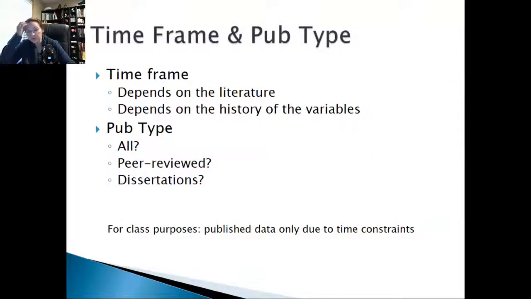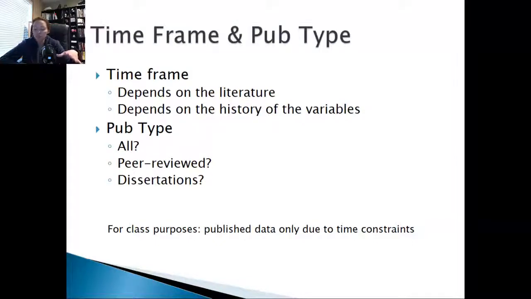And time frame and publication type. Time frame is going to depend upon the literature that's available and the history of the variables that you're looking at. For instance, let's think of therapy. Some types of therapy have changed dramatically over time, and there might be newer forms of the therapy that you're examining.